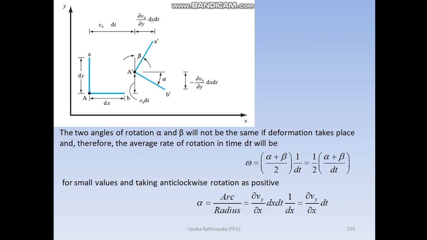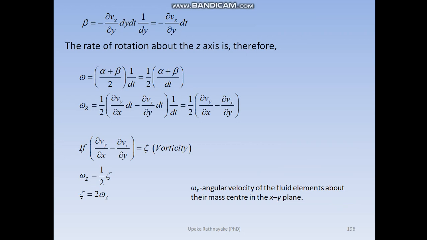Therefore, the angular velocity omega is (alpha plus beta) divided by 2, divided by dt. Let us use our geometrical knowledge and find the angular velocity. With a bit of mathematics, we can find that the angular velocity omega is half of (∂Vy/∂x minus ∂Vx/∂y).